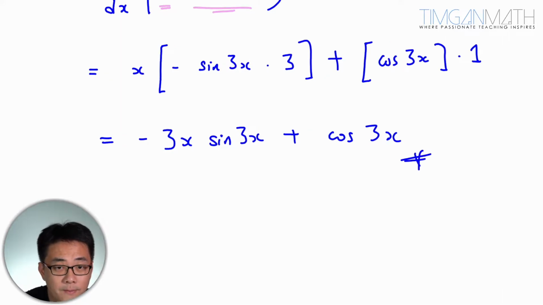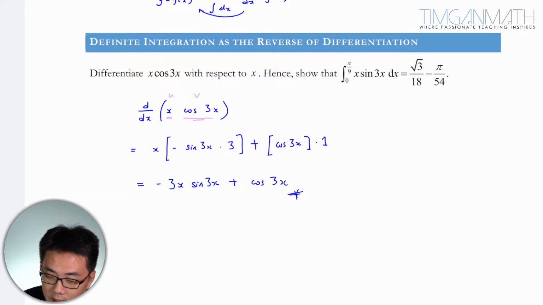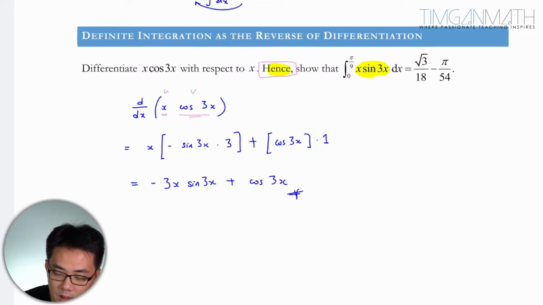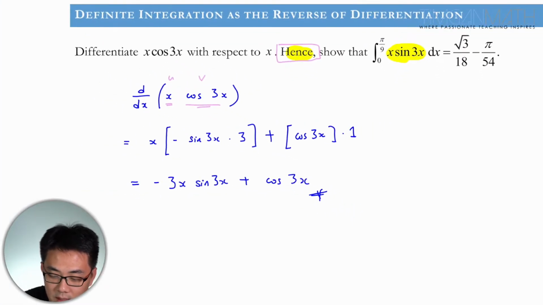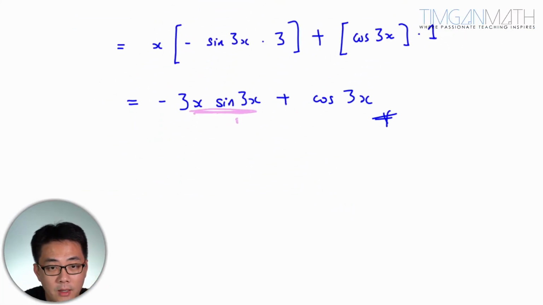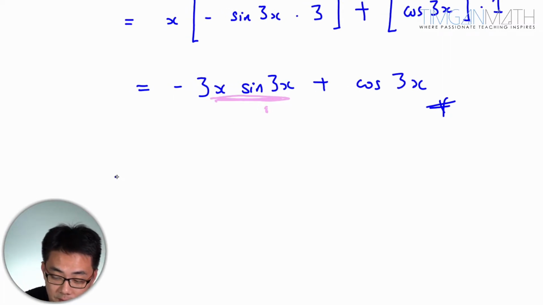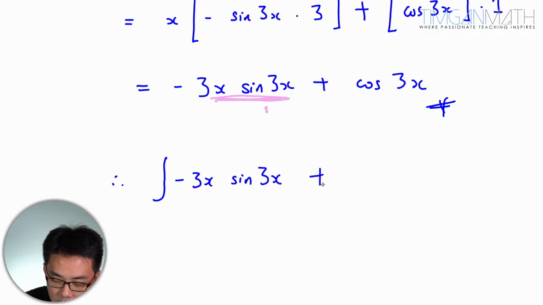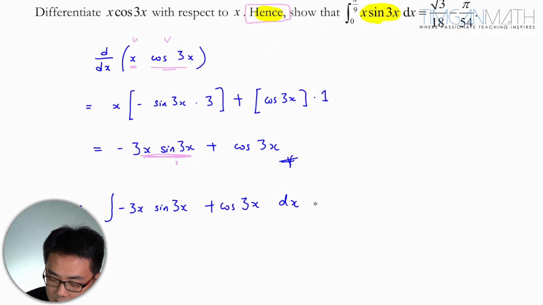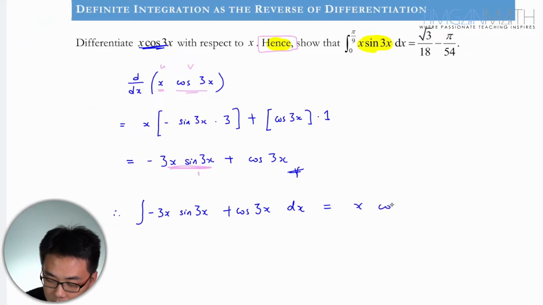That's it. Now, hence show that the integral of x sine 3x is this. Take note of this word hence, very important, because now what we want is the integral of this function. From the first part, you know that integrating negative 3x sine 3x plus cosine 3x dx gives us x cosine 3x.